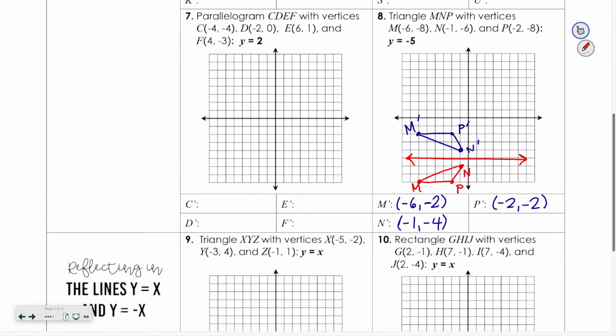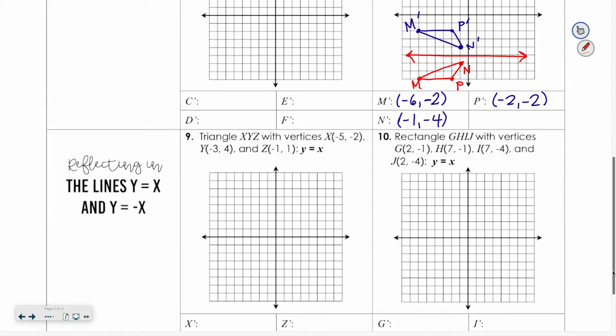All right, so this is the first set of rules that you have to learn. Everything else we've done from beginning yesterday to now, you could count everything. You're going over, you're going up, you're going down, you're reflecting, whatever. But now we have to learn our first two rules.